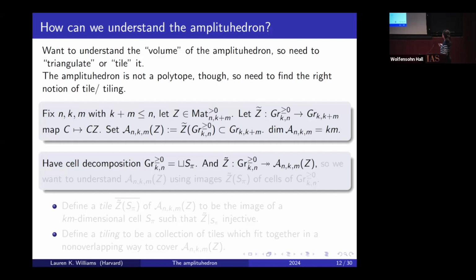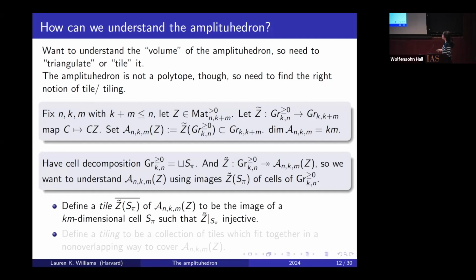So what we want to do is understand the amplituhedron using images of cells of the positive Grassmannian. So that's going to be the goal. So this positive Grassmannian in general has dimension much larger than the amplituhedron. So what we would like to do is restrict our attention to correct dimensional cells of the positive Grassmannian. We're going to focus on k times m dimensional cells of the positive Grassmannian, and in particular, such cells where we can prove that this map Z tilde is injective.